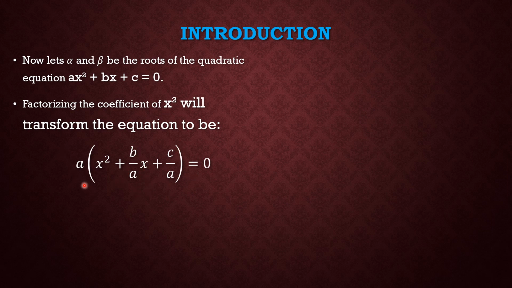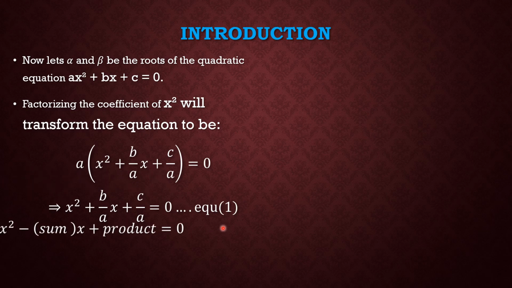That is factorization. It means when you multiply the a across this expression, you end up getting this expression back. So we divide both sides by a to have an expression x squared plus b over a x plus c over a equal to 0. So let's make this expression equation 1.